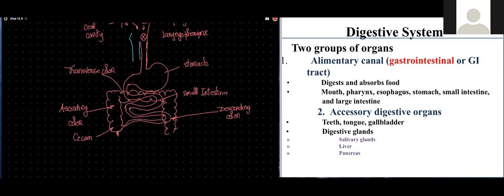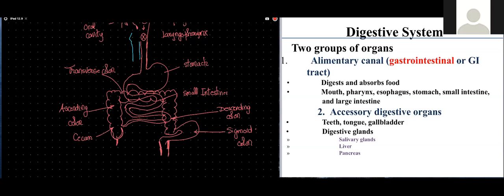Then it's going to be forming an S-shaped segment. This S-shaped segment of the colon is what we're going to call the sigmoid colon. Then we're going to have the straight part of the colon.